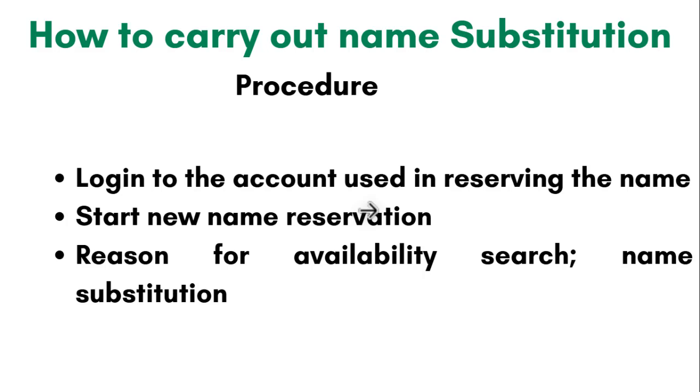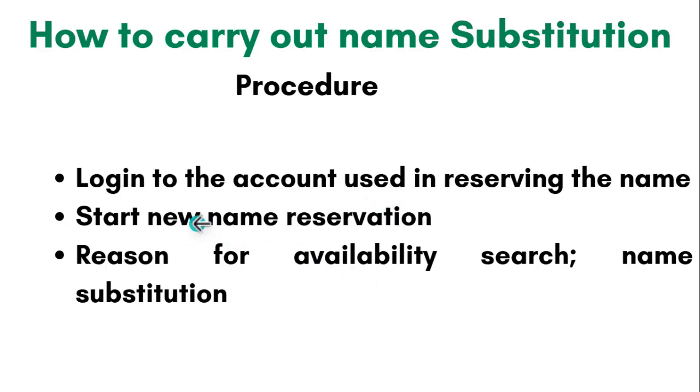So because the name is already reserved by that initial agent, they go and create an account or use an agent account and then do name substitution for that name. When you do name substitution for that, it will not change in the original agent account that was used in reserving it. So it must be in that account used in reserving it.